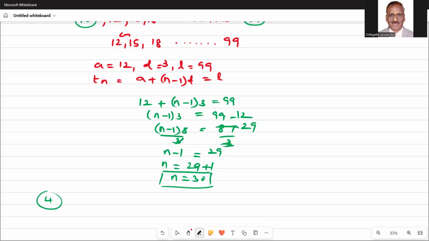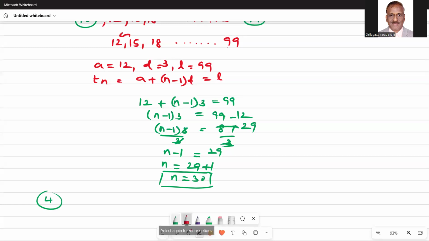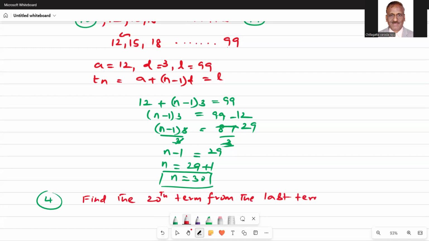Next question, find the 20th term from the last term of the AP, the AP which is given to you now.